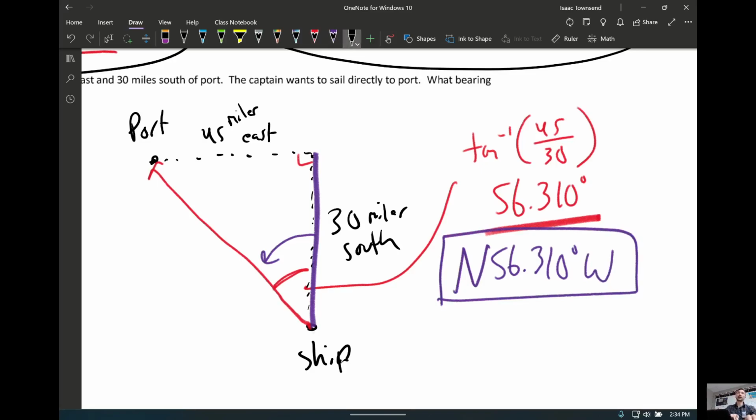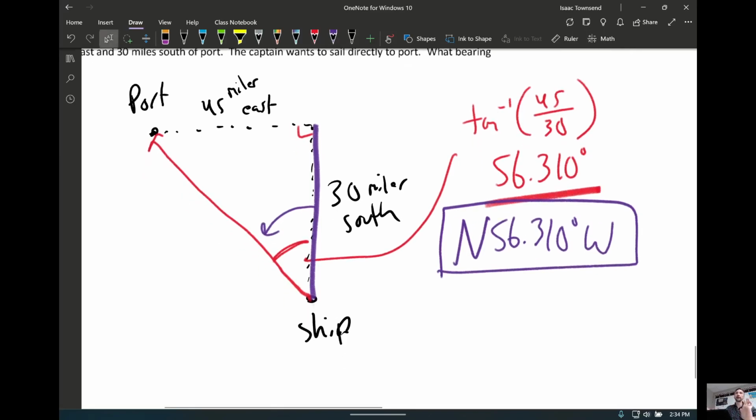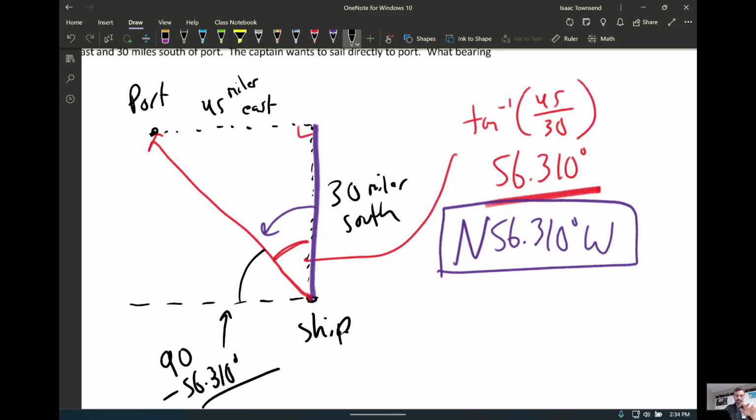Or, and I don't know why students do this sometimes, but I'm going to throw it out there just in case this makes more sense to you. Sometimes people draw in an east line. They figure out this angle. It would be the complement. It's 33.690 degrees.